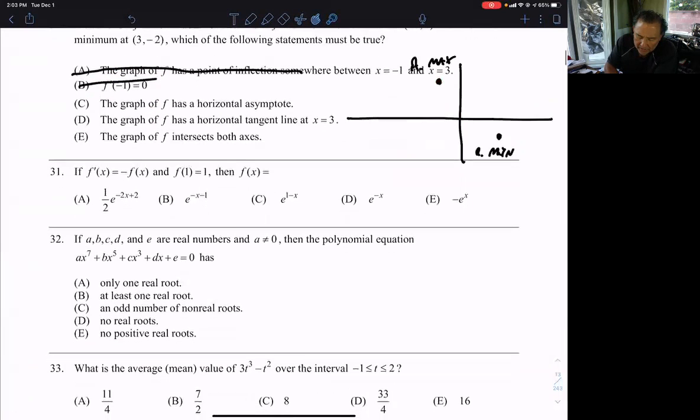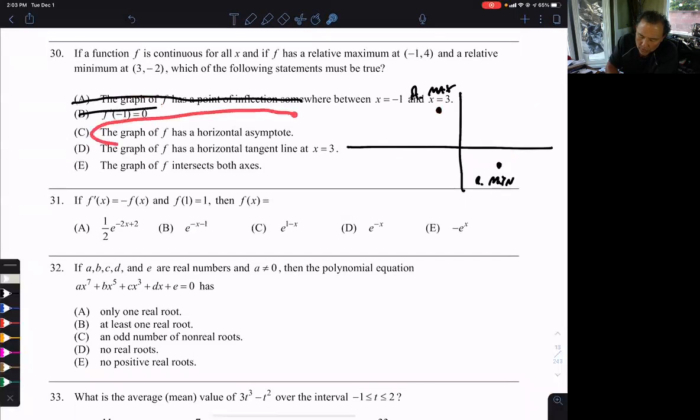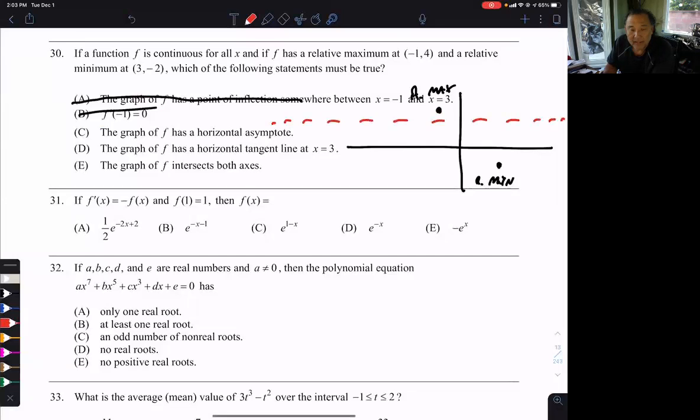The graph of f has a horizontal asymptote. Okay, a horizontal asymptote. That means as I move to the left or to the right, it has to approach a certain number. And nowhere in the function does it suggest that, right?